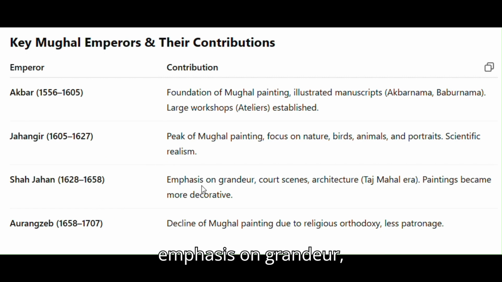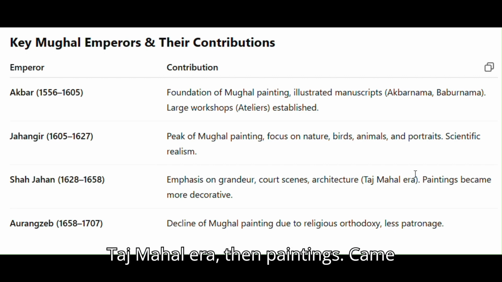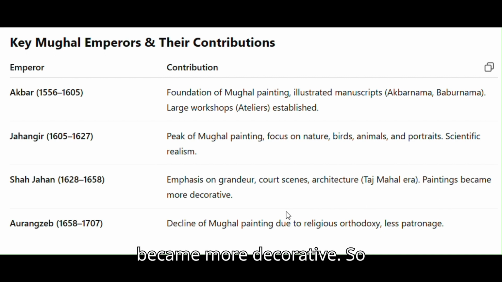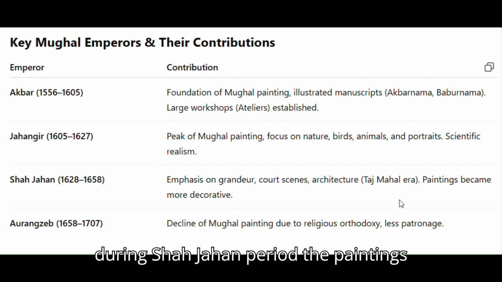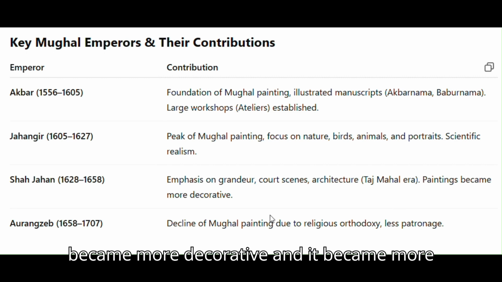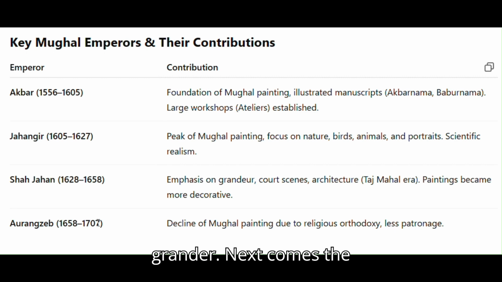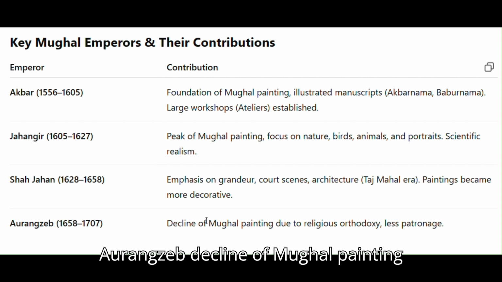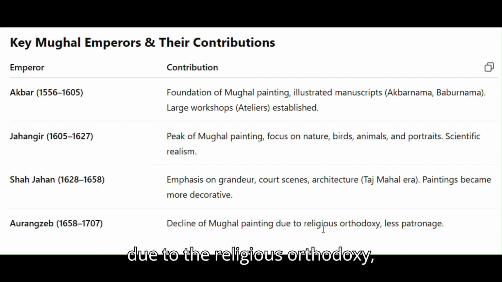The emphasis is on grandeur, court scenes, architecture of the Taj Mahal era, then paintings became more decorative. So during the Shah Jahan period, the paintings became more decorative and grander. Next comes Aurangzeb. Decline of Mughal painting due to religious orthodoxy, less patronage.